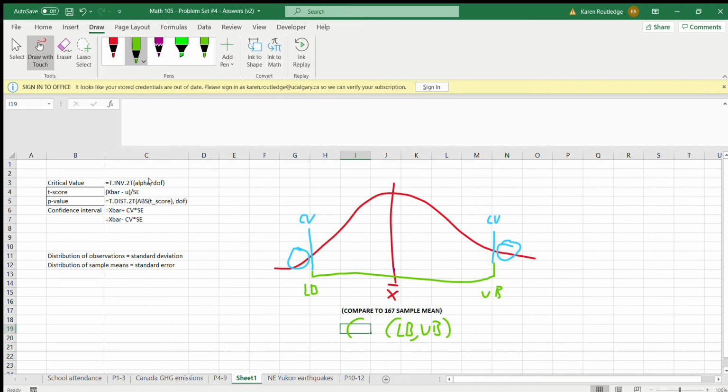Now, if you remember, previously our critical values were like minus 2.3 and positive 2.3. That just demonstrates, one, that I cannot draw with a mouse, but two, that the confidence interval is not in critical value units. So we have to somehow convert this minus 2.3 and this positive 2.3 into the original units.